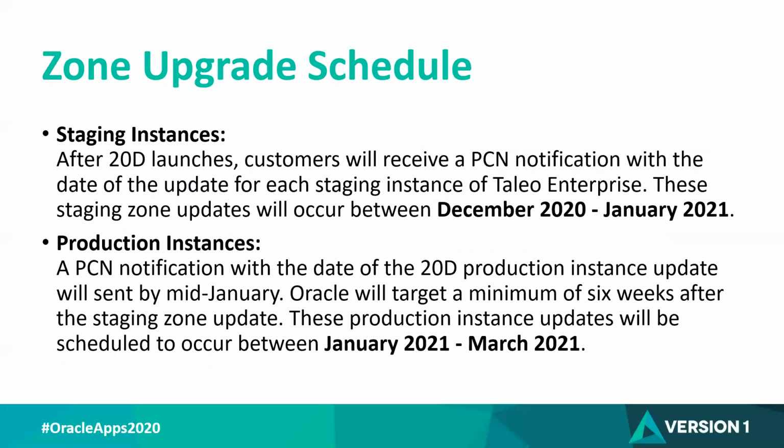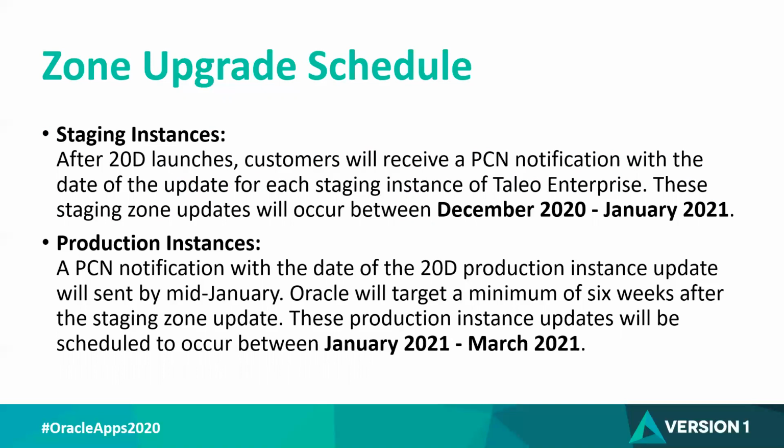The zone upgrade schedule. As per Oracle, the staging instance needs to be updated between December 2020 and January 2021. So as soon as 20D is available, the customer needs to raise a service request with Oracle for their staging zone to get upgraded. For the production environment, the upgrade needs to happen between January 2021 and March 2021.